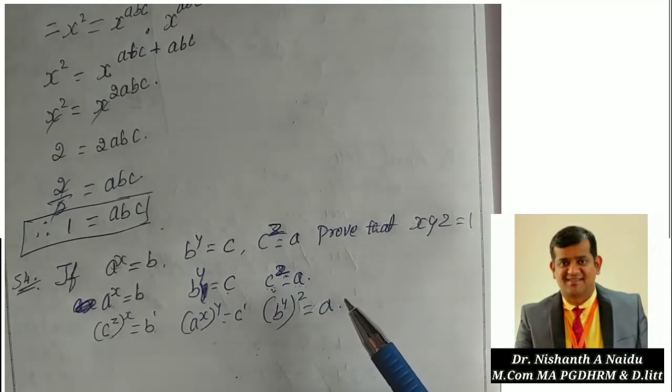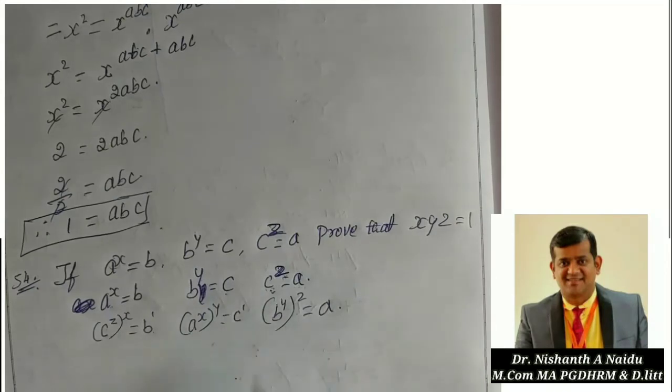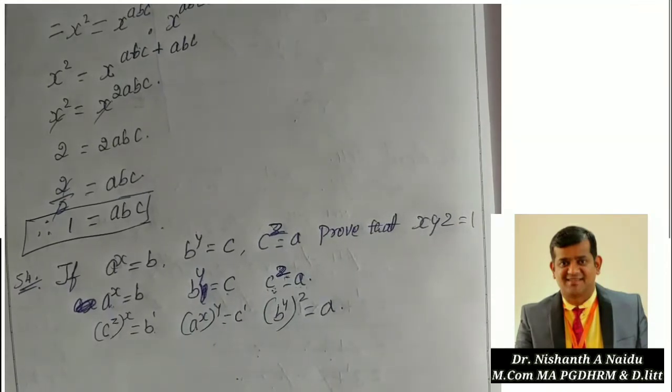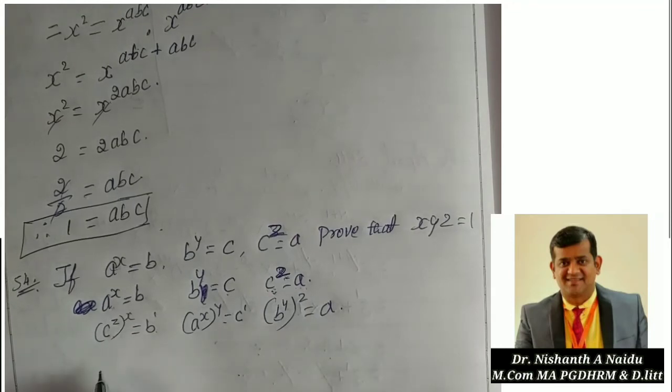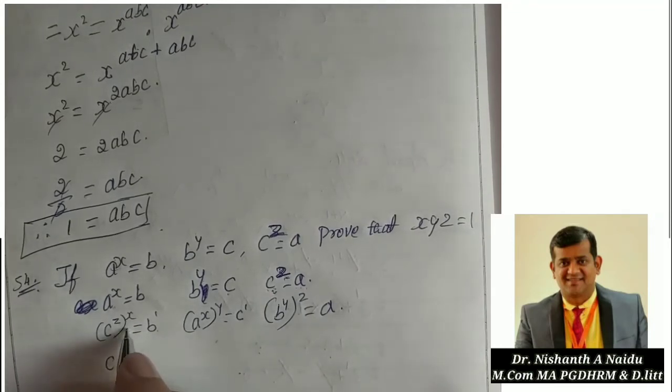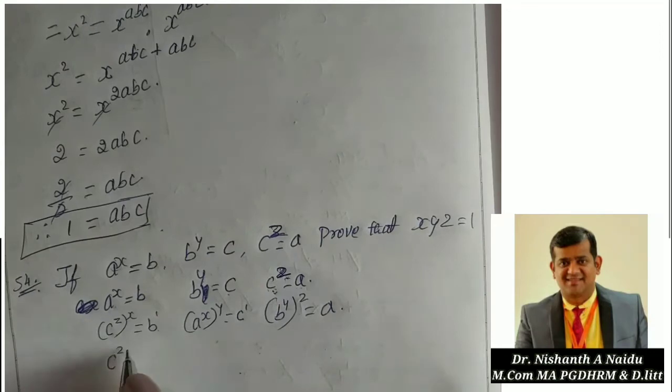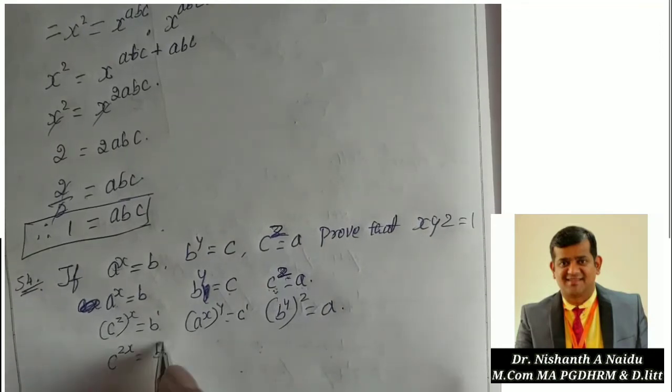Okay. So now in the next stage, z into x, zx, c to the power of zx equals b dash.